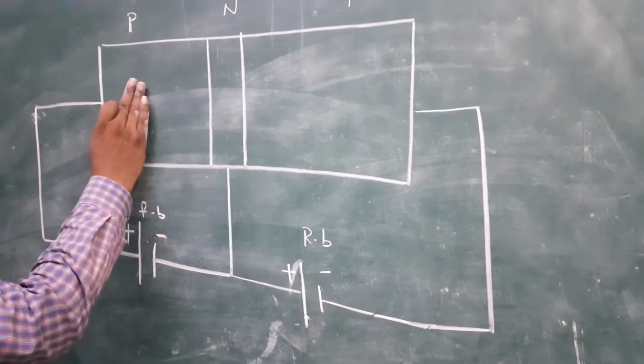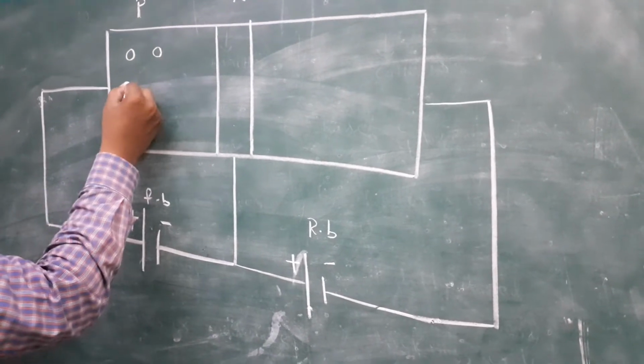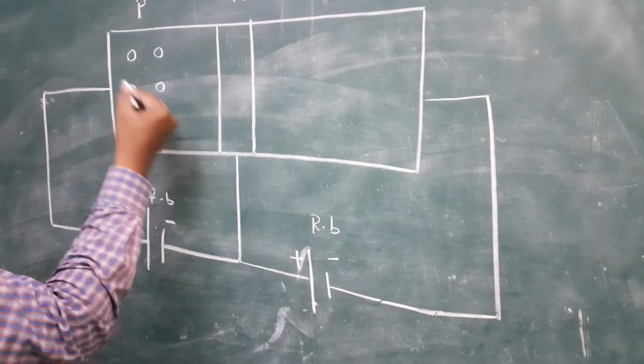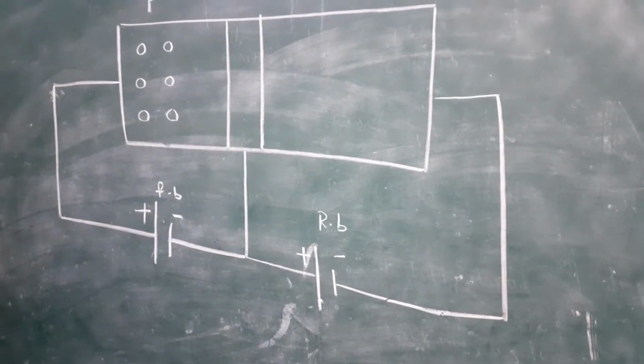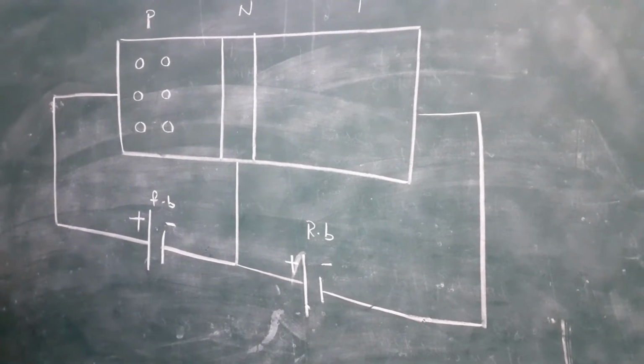In the P region, what are the majority charge carriers? Holes. What are the minority charge carriers? Electrons. But the electrons are very few, so minority carriers cannot be taken here.